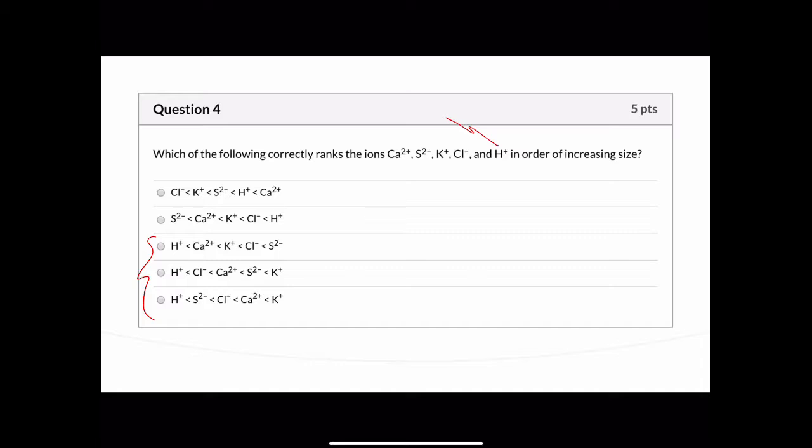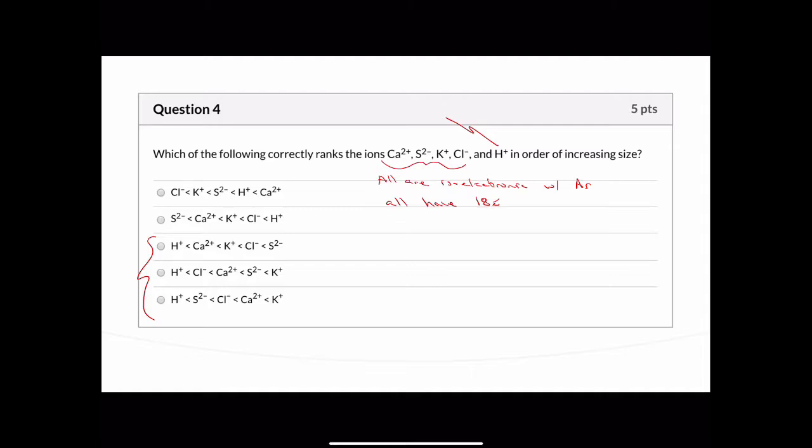Now if I look at all the rest of these, I'm not going to spend a lot of time on this, but you can see that all of these are isoelectronic with argon. And what that means is they all have 18 electrons. So then all I have to do is compare the size of the ions. If you remember what we spoke about in class, anions are going to be larger than cations, and the more negative charge that we have on our anion, the larger it's going to be.